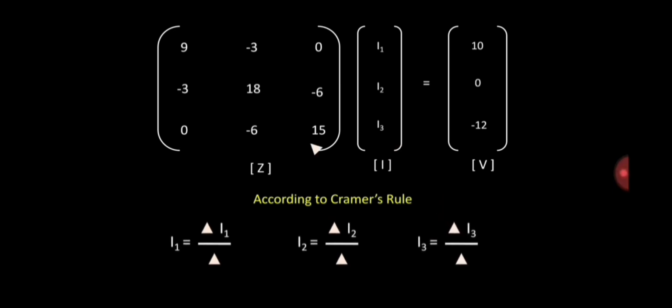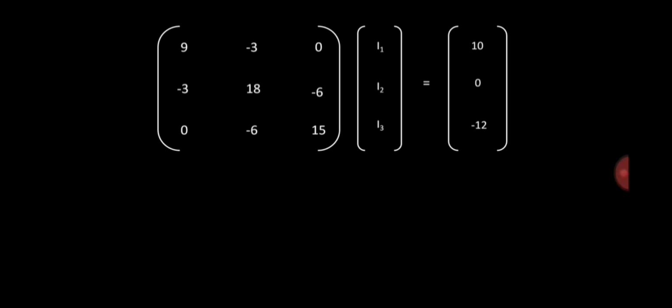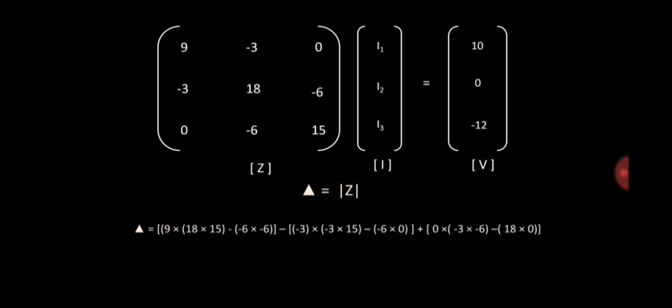To get I1, you have to replace the first column with the values across the equal sign. For I2, replace the second column with the values across the equal sign, and for I3, that column with the values across the equal sign. So this is now how to find the values of the main matrix.